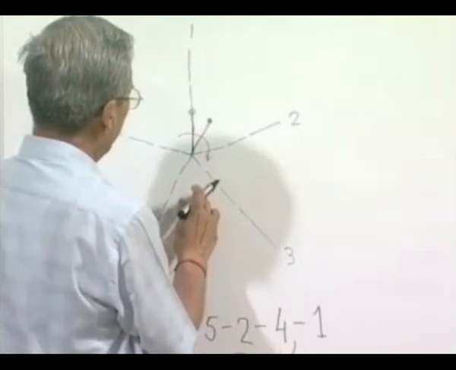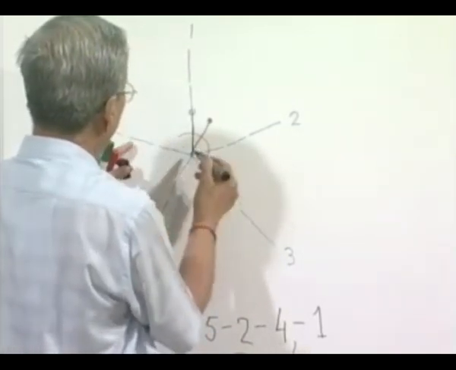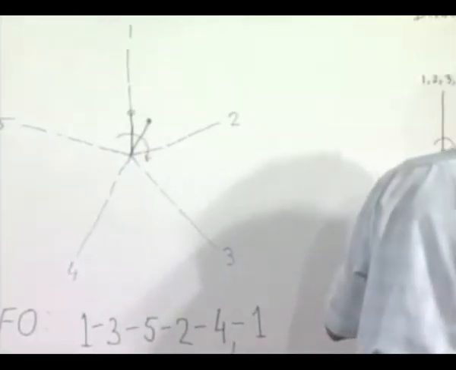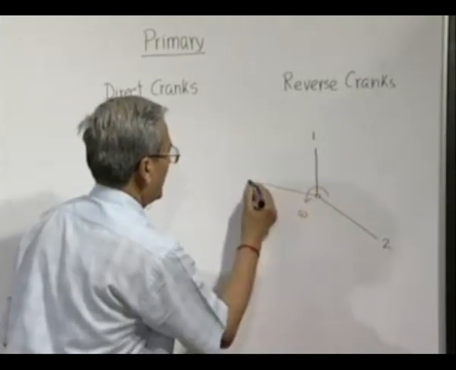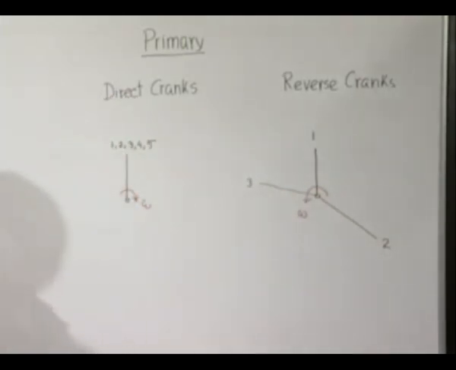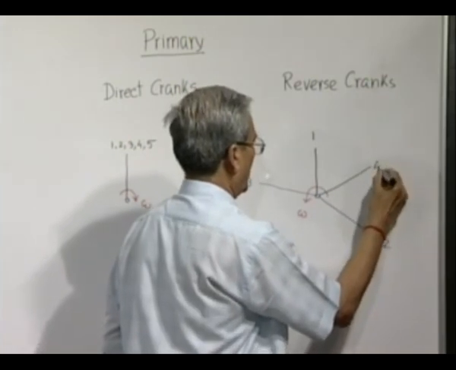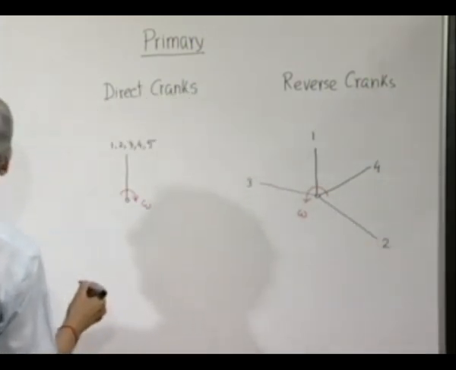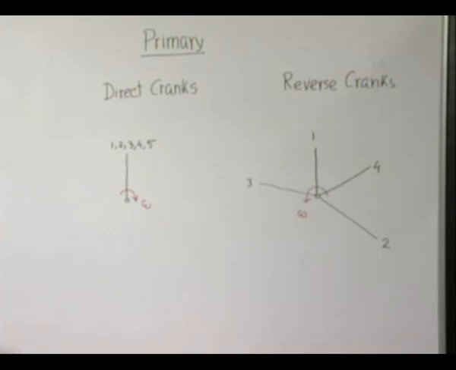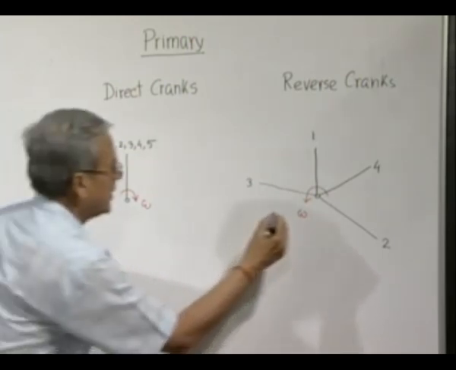For 3, the mirror image will be along 5. For 4, it will be again along this 2. And for 5, this is the direct crank, so the reverse crank will be along.